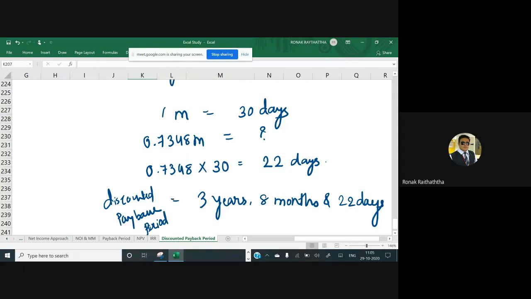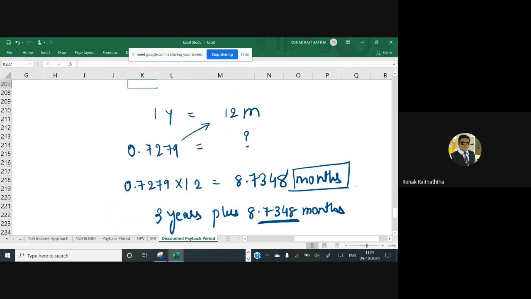Okay, so everyone has come to know that this discounted payback period is 3 years, 8 months, and 22 days. And how is it different from the payback period? Let's try to do some analysis now. Payback period does not consider the present value of inflows and outflows.